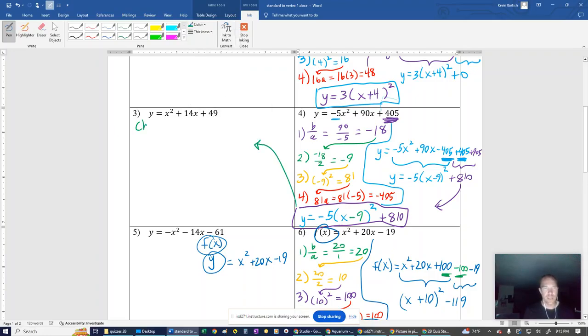Let's take our answer in vertex form and change it to standard form. And just like I did on the other video, I'm going to do some of this work a little quickly. You might need to do some of it on a separate sheet of paper or something like that. But yeah, that 810 is making me nervous.